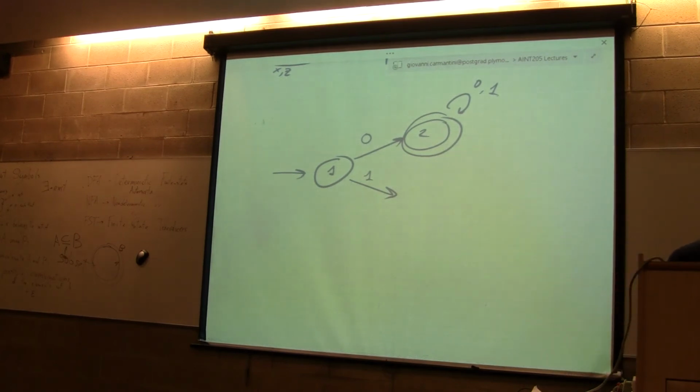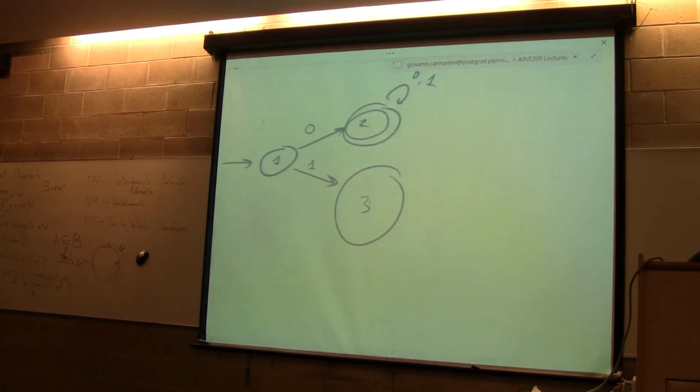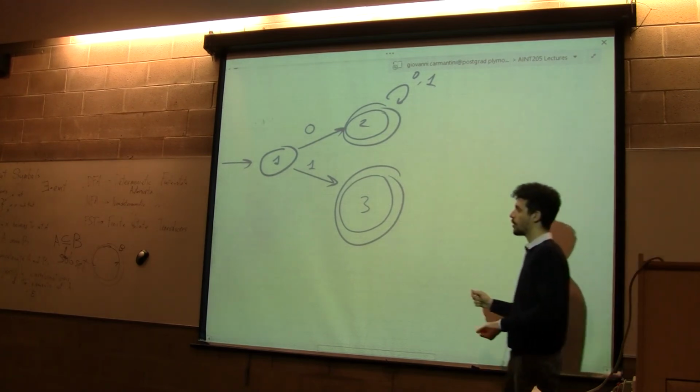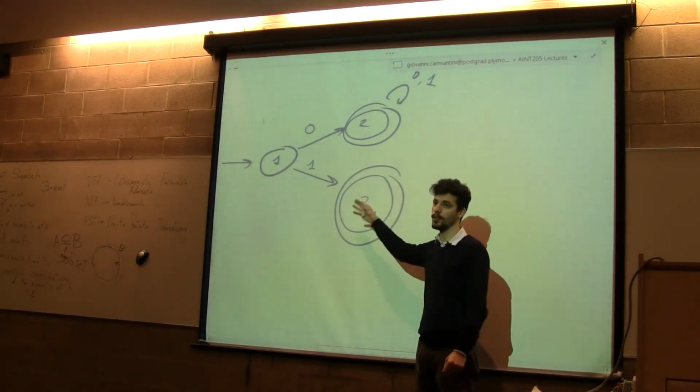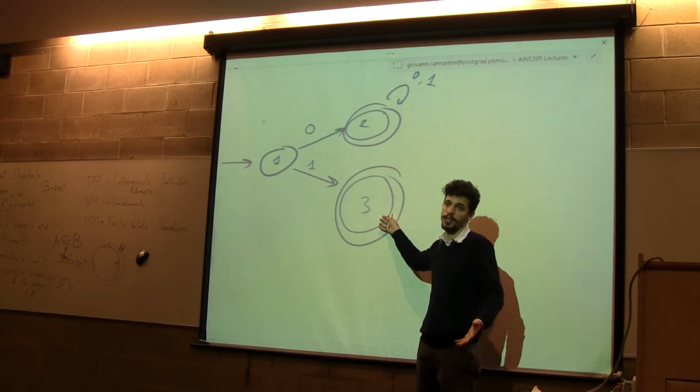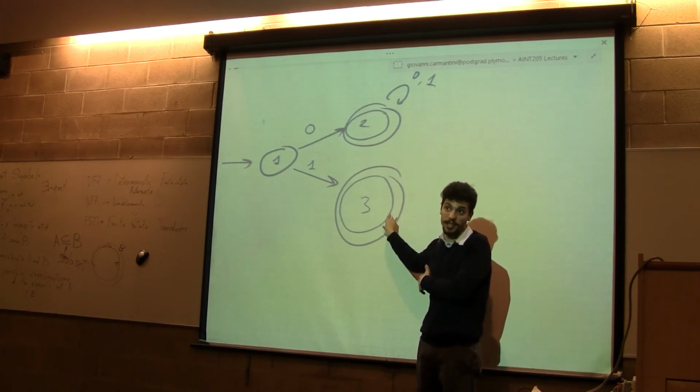But we also want the strings which end with 1. So this is, let's call it 3. Let's say that our string starts with 1, we accept, if there's nothing else.